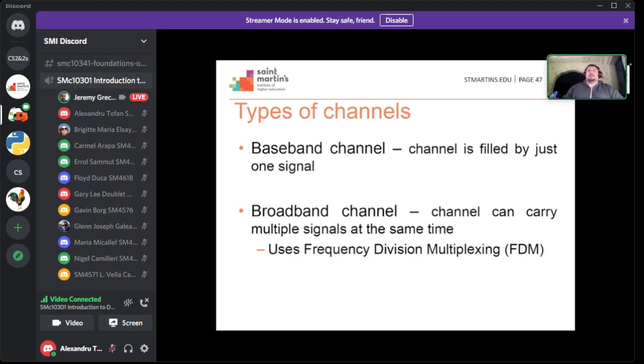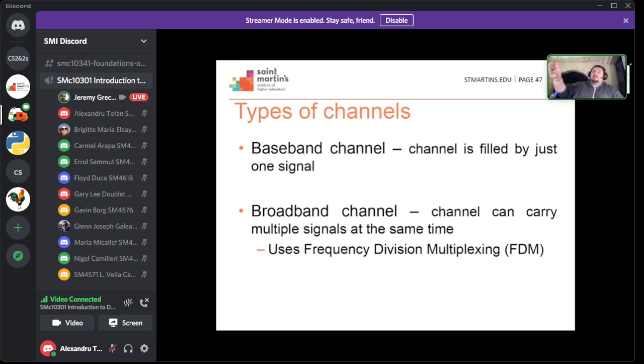It's kind of like how radio actually works. If you think about it, radio stations tend to use the same medium to transmit the radio signal to your car or to your home. They're all using the air molecules to allow you to receive that particular signal.